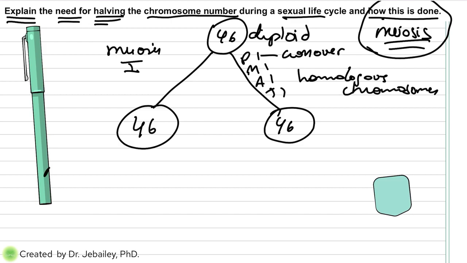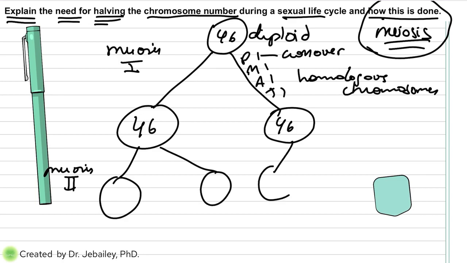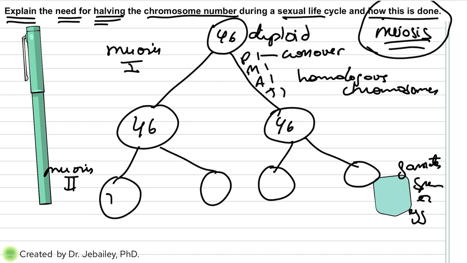Then you go through meiosis 2. In this process, you have 4 cells coming out, and these cells can be known as gametes. The gametes can be sperm or egg, and all of them should be half. They should be 23, so all of them should be a haploid of what was previous.